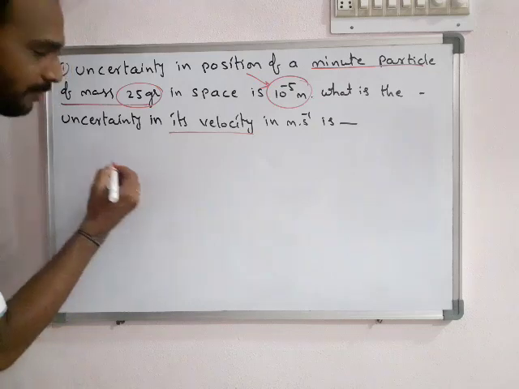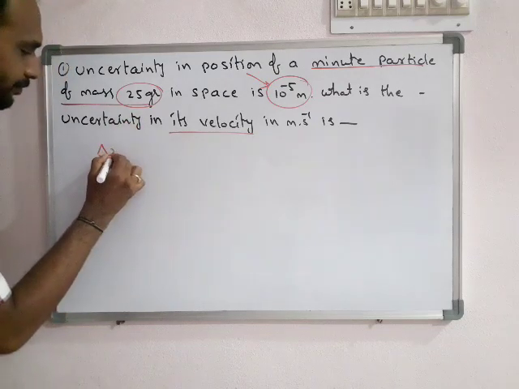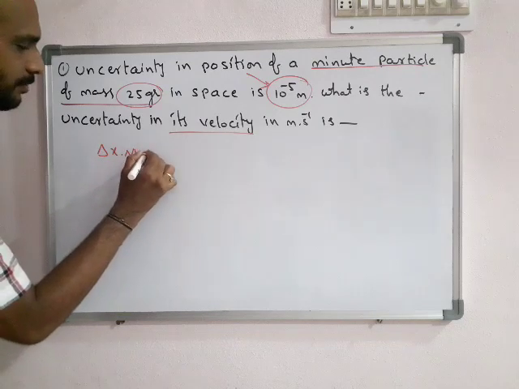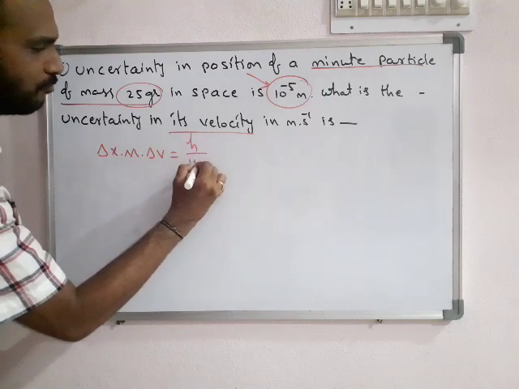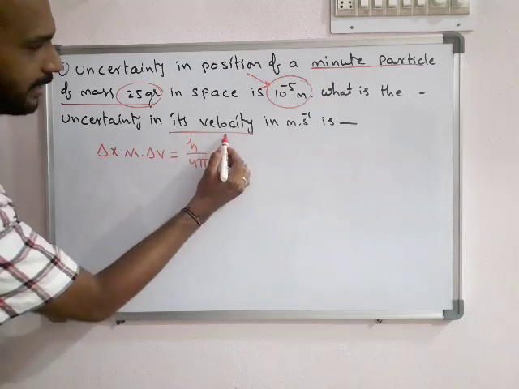So what is the formula for uncertainty principle in terms of velocity? Delta x into mass into delta v equals h by 4 pi. Here we need to calculate uncertainty in velocity.